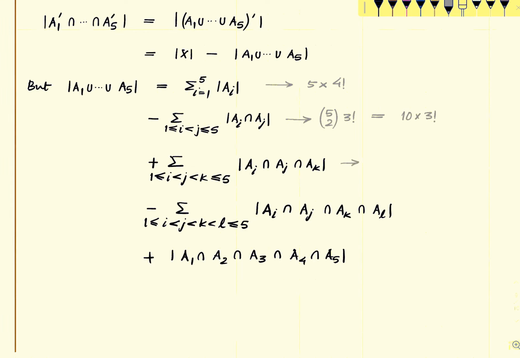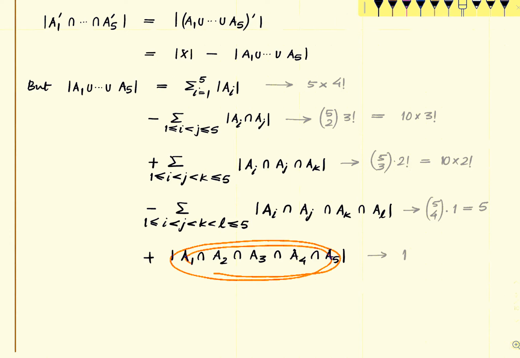This is similarly 5 choose 3 times 2 factorial, which is 10 times 2 factorial. This is 5 choose 4 times 1, which is 5. And this is equal to 1. Because if each letter goes into the correct envelope, there's only one way to do it.